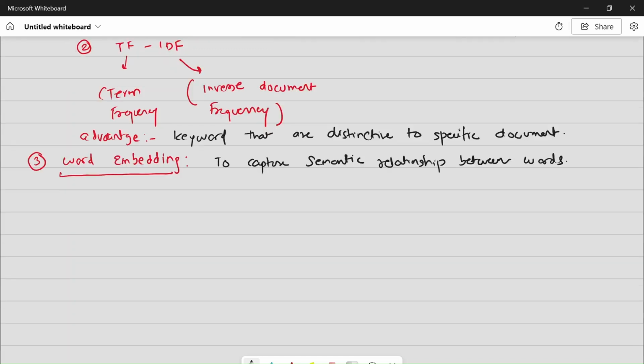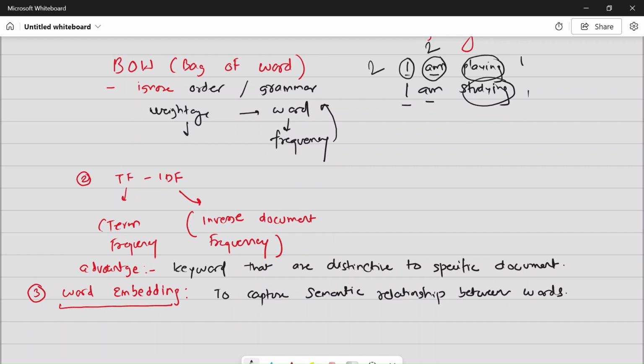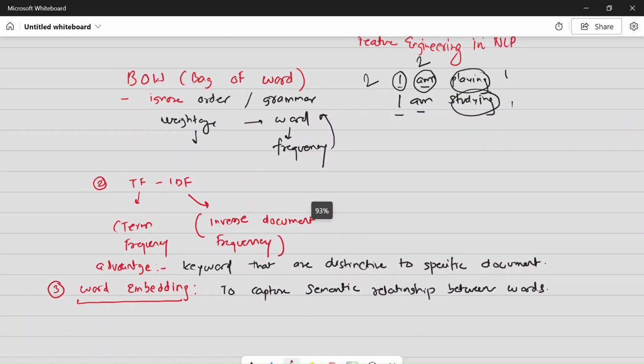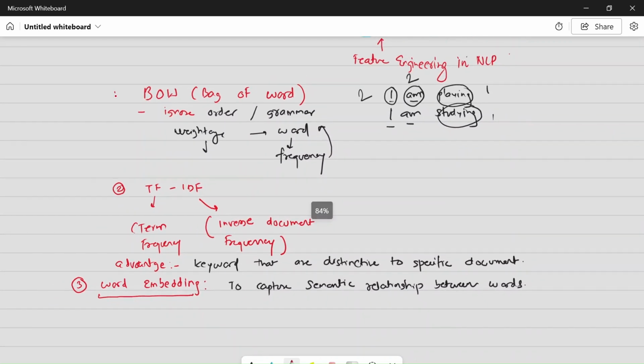So as of now, we have learned three major techniques. The first is the bag of words, a very simple technique where you convert the text into numbers based on the frequency.